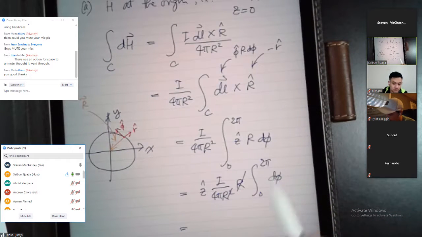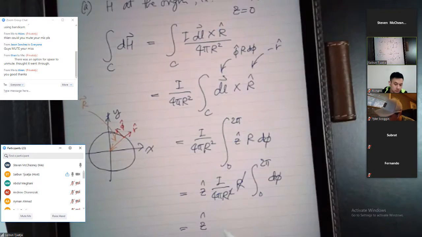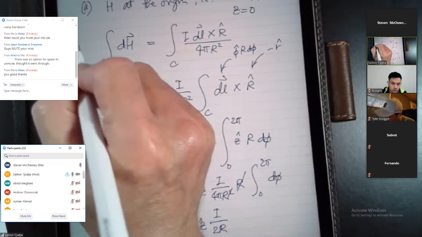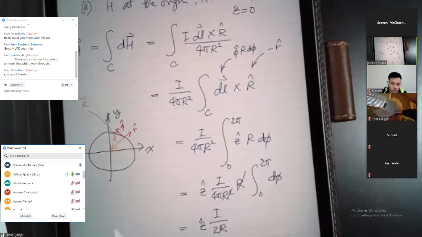So 2 pi cancels with 2 pi, and I end up with z hat I over 2r. That's it. That's your H. This is equal to H at the origin. So in other words, this H vector at 0, 0, 0 is equal to this.